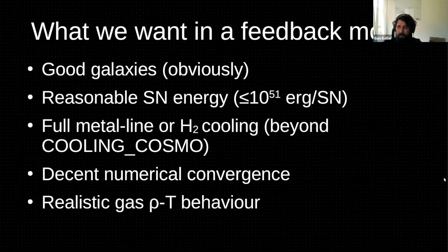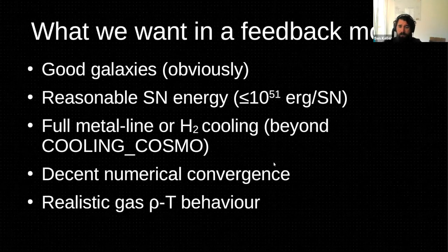We also want to be able to run with the full suite of metal line and H2 cooling. So we don't just want to cool the low temperature gas with metal lines, which you get with the Cooling Cosmo define for those of you who run N-body shop codes. We want to be able to cool all of the gas in a self-consistent way.